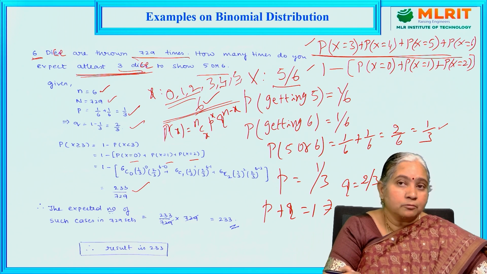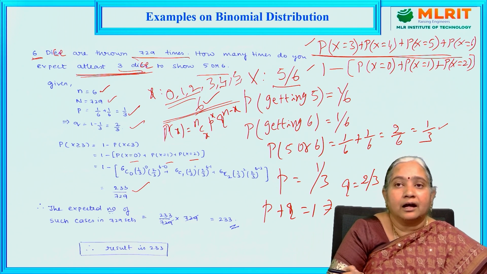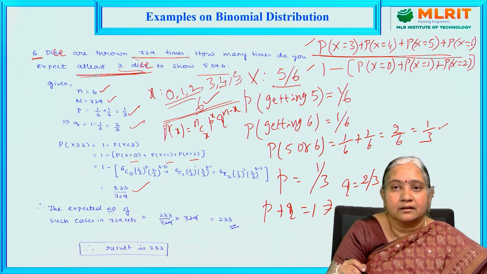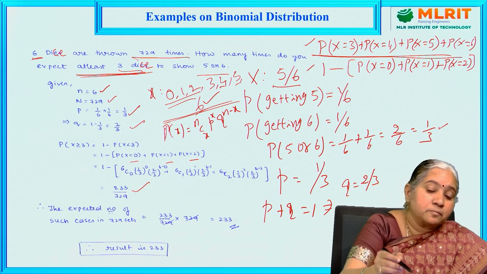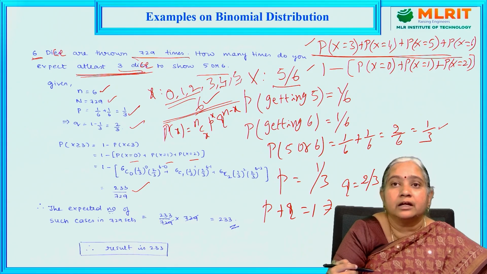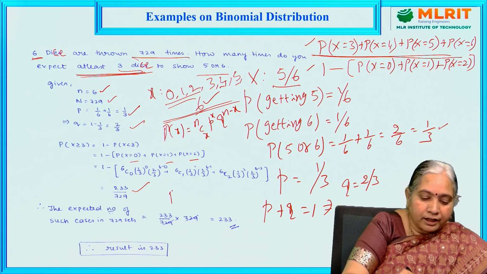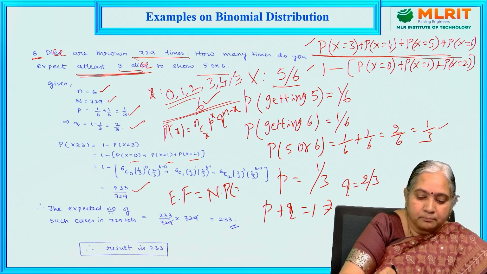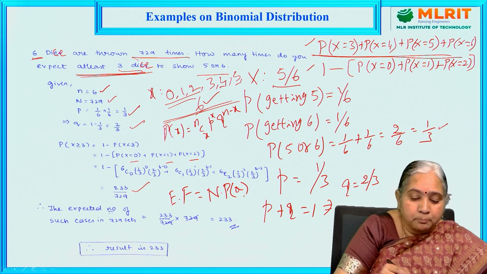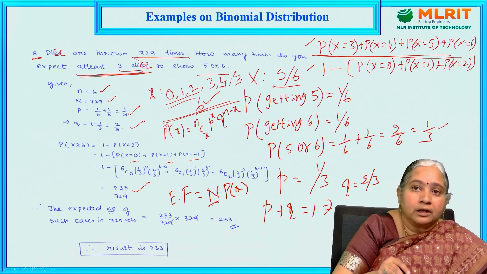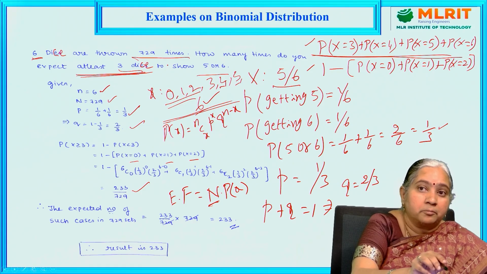So this is the probability of getting at least 3 successes out of 6, where the success event is getting 5 or 6. Now what is the expected number? Expected number means frequency. So expected frequency is capital N into P of X. Capital N is the total 729 persons who performed this experiment.